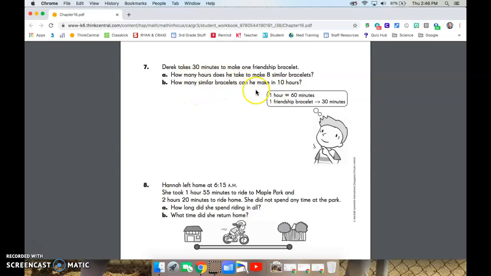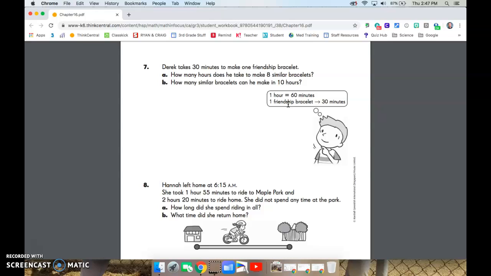How many bracelets can he make in 10 hours? Okay, so basically, if he is making 2 bracelets in 1 hour, then in 10 hours, 1 times 10 is 10, and the 2 bracelets times 10 would be 20. So you go times 10, okay?